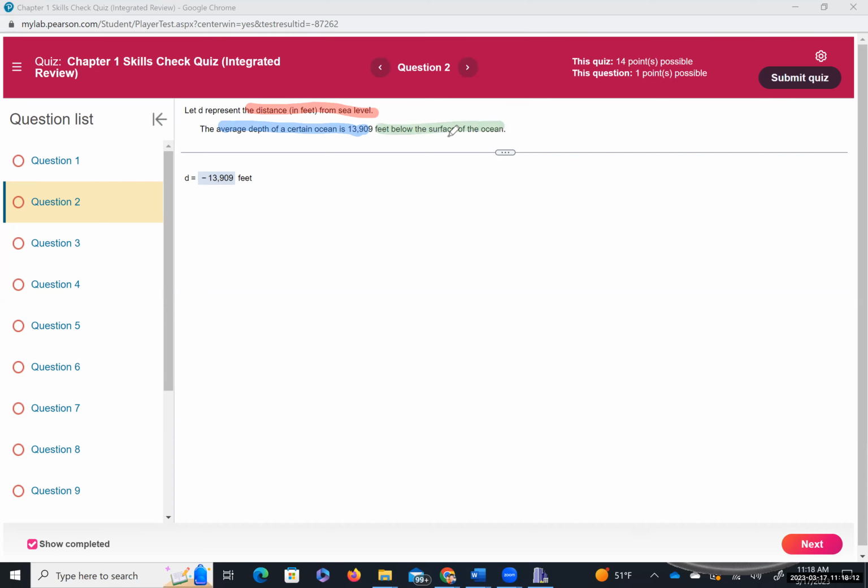Below the surface of the ocean. Because of the word below, if you talk about the distance in feet from the sea level, you will have to have negative 13,909 because it is below the surface of the ocean. So that's going to be part number 2.